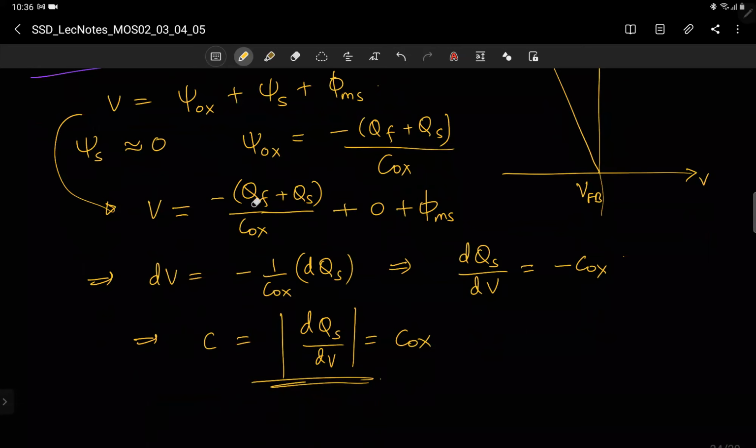QF will not change. It is fixed charge, so it will not change with bias. And phi ms will not change.